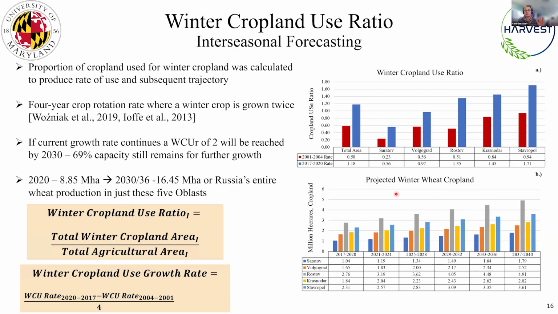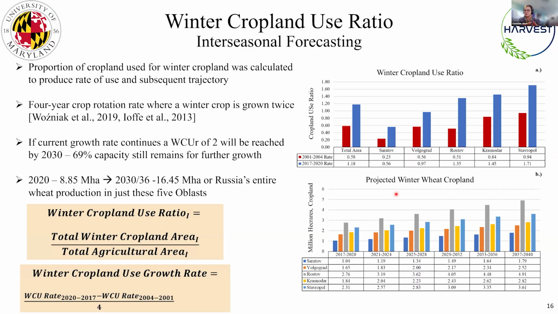But in the 2017 to 2020 interval, they're still approaching and have not yet reached a cycle of 2. And 2 is, if you look at, for example, the European Common Agricultural Policy, i.e., CAP, kind of the recommended most that you should do, i.e., I plant one year, I let the ground go fallow. The next year, I plant winter cropland, I let it go fallow.